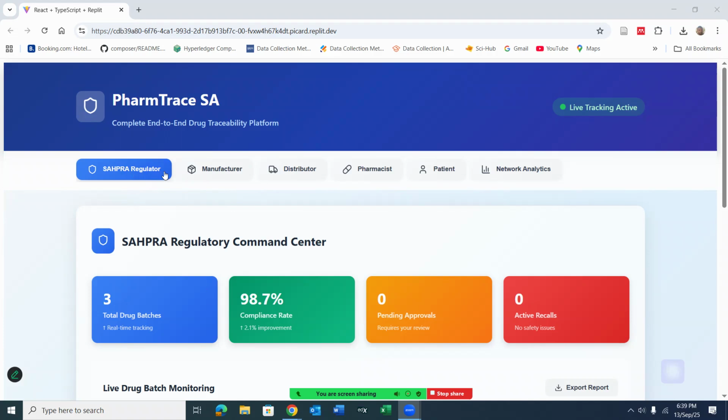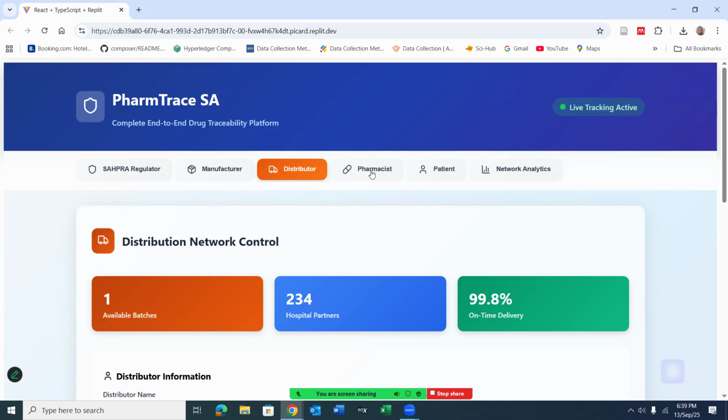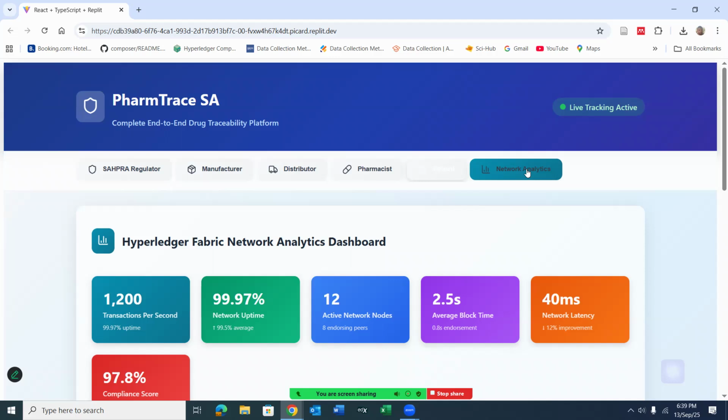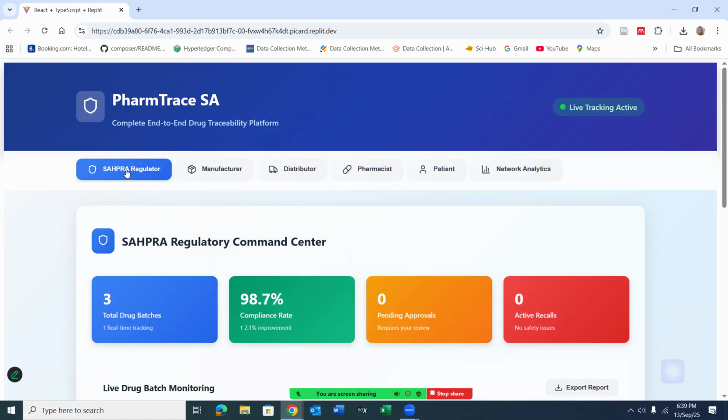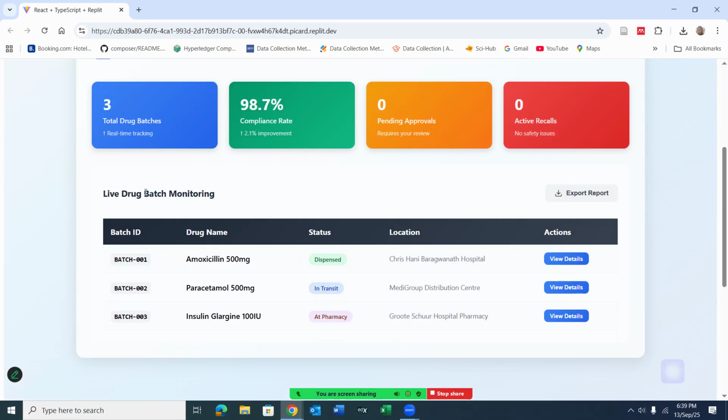However, we can zoom in based on the regulator such as SAPRA, or the manufacturer, or the distributor, the pharmacist, the patient, or we can just look at the network analytics where we can look at the performance metrics of this system.